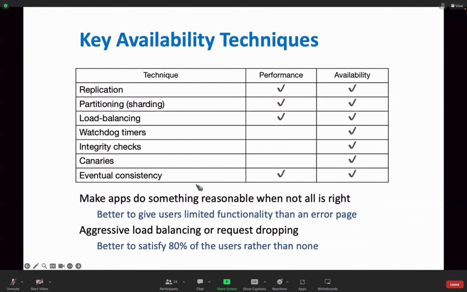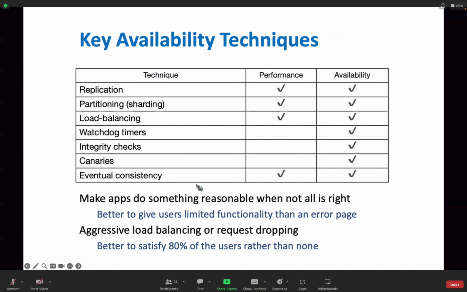The eventual consistency, we'll talk about it more, is especially important for data reliability. If you have replications, it's important to make those replications consistent.